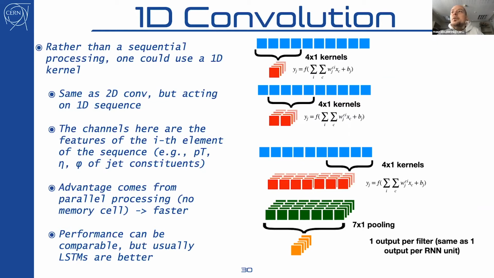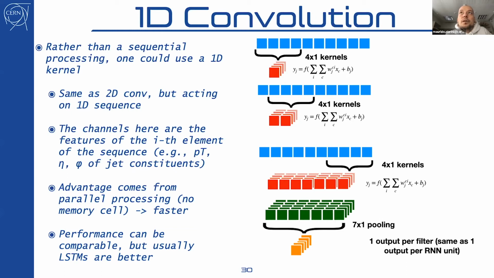There is no concept of memory. There is no learning across the entire sequence, but there is local learning across first neighbors because of the kernel size, okay? So the advantage for convolutional networks is that the processing is parallel.